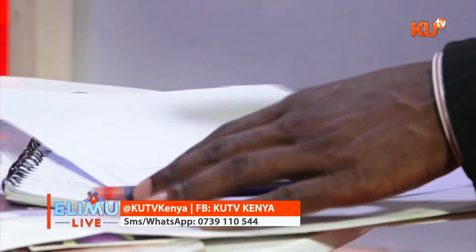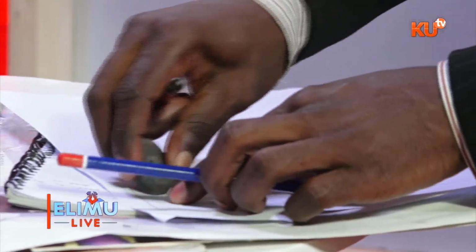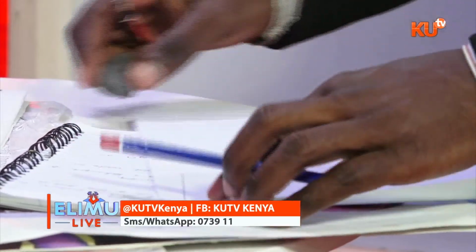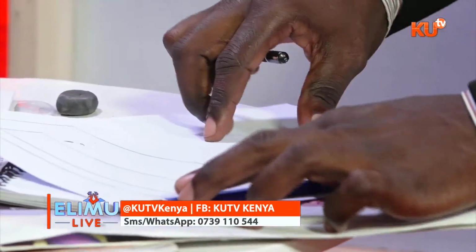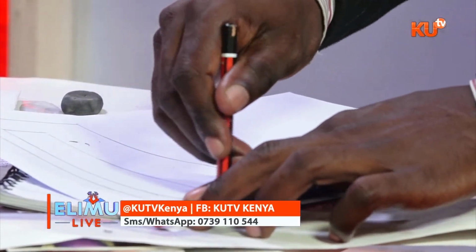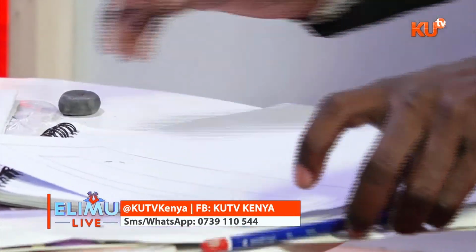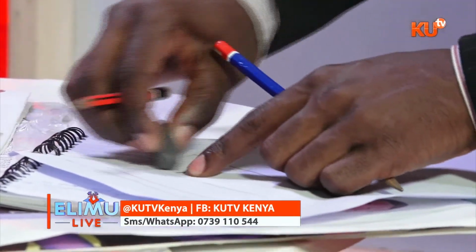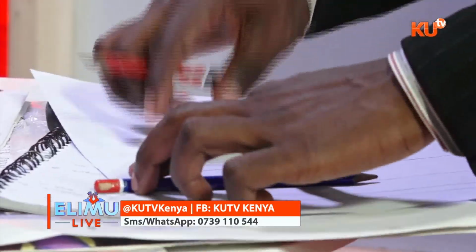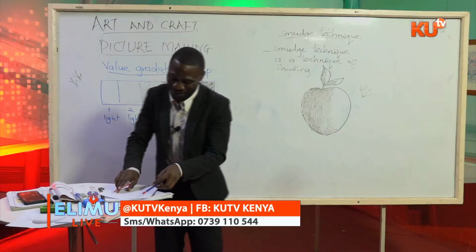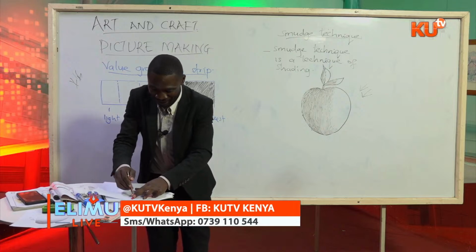Now this one looks like a rental house where you have 5 rooms. So the first room is here.